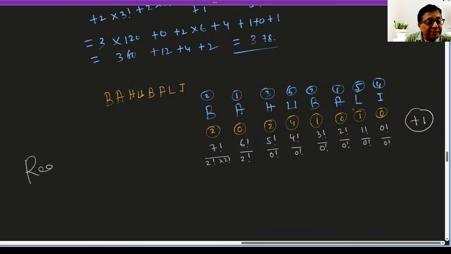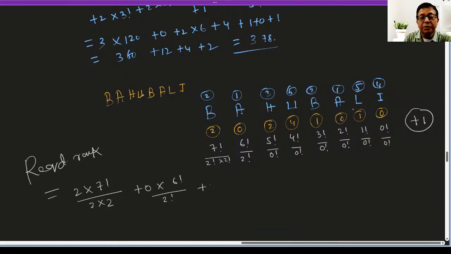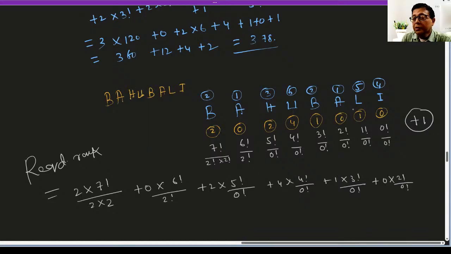So required rank will be 2 into 7 factorial by 2 into 2, 0 into 2 into 5 factorial by 0 factorial, 1 into 0 into 2 factorial by 0 factorial, this plus 1.